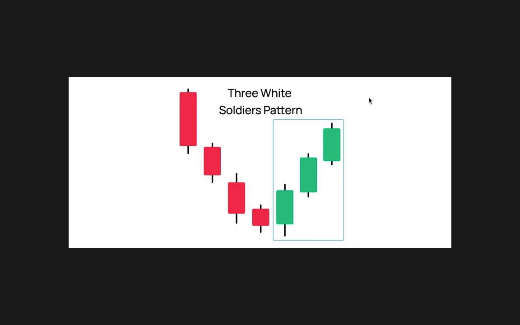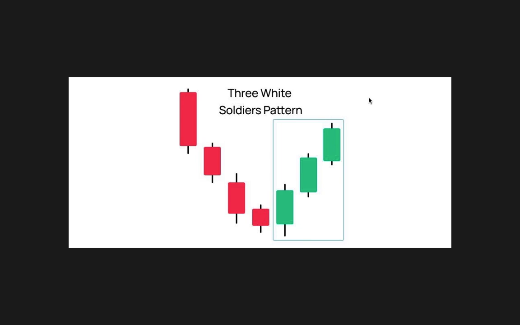So let me explain this one. When this occurs, you should know that okay, yeah, this is the three white soldiers candlestick pattern that just developed. The trend wants to change. People that trade candlesticks, that understand candlesticks, trade support and resistance, all these trend line indicators, so they follow candlestick patterns. When candlesticks are forming, okay, yeah, this is what the market wants to do.